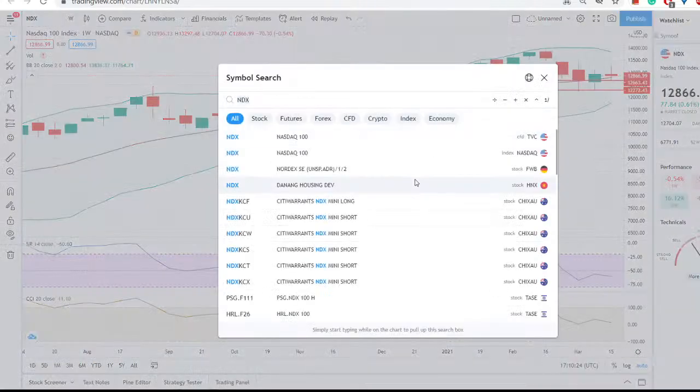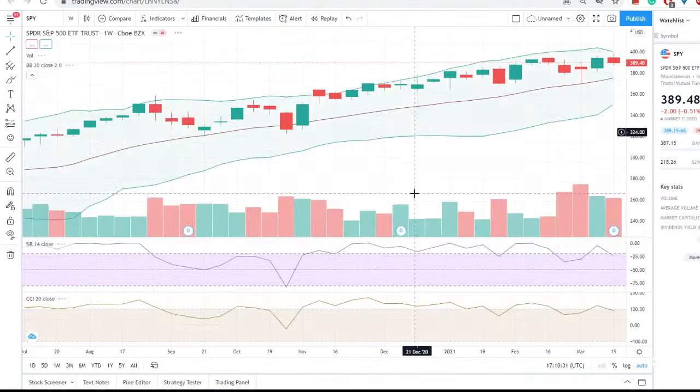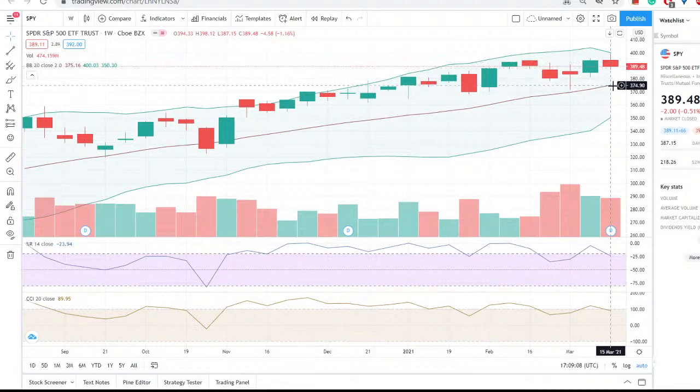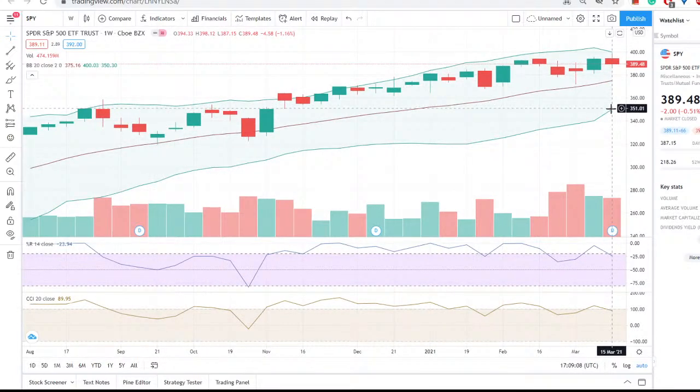Along with NDX, I last analyzed SPY, and it is also in a downtrend on the weekly chart. Again, support is at around 369.96, so 370 could be a support, or if the market trend moves further down, then 351 could be support for SPY.